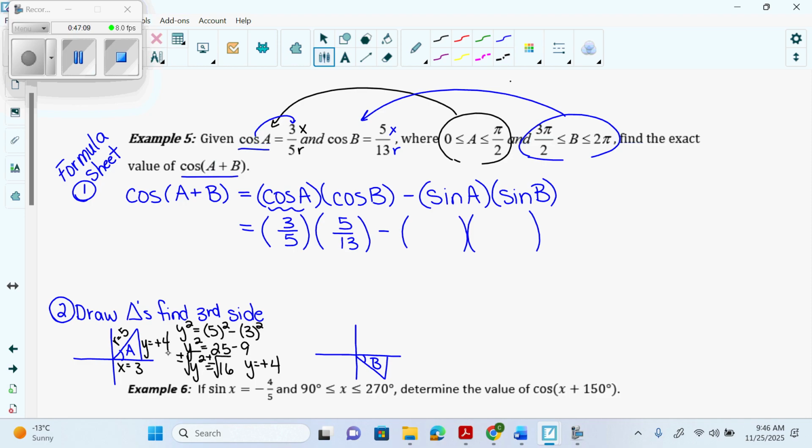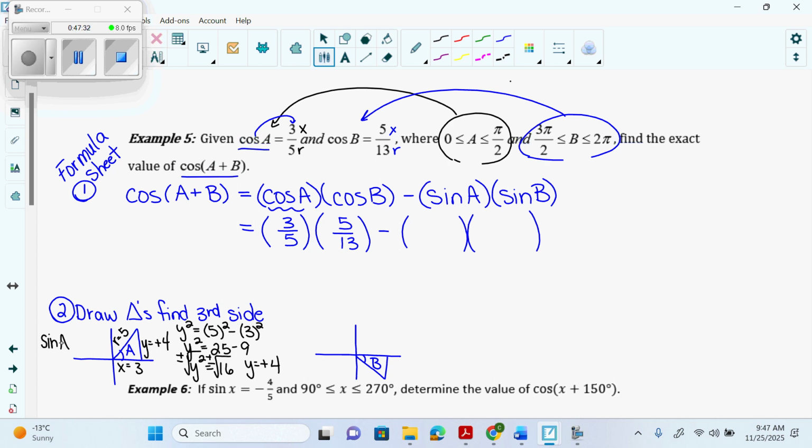I am not going to move on to B yet. I'm going to fill in sine of A. Based off that triangle, and that being the A triangle, do you see how I label it A and I label the other one B to help my brain out? What is sine of the A triangle? Sine is sign your resume.